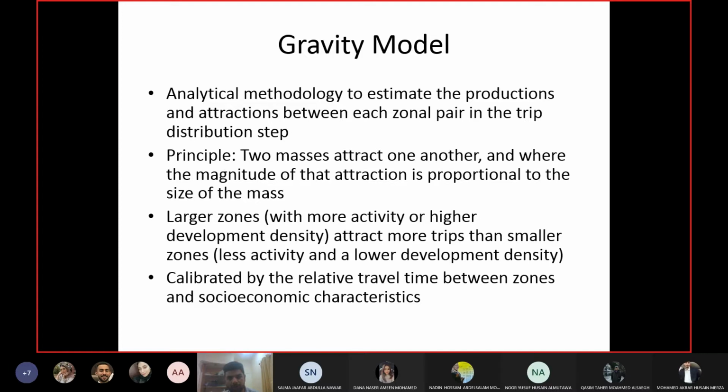All masses in space, like the sun and moon and Earth and other planets, have some gravitational force between them, and they are attracting one another, and the force of attraction is related to the size of the mass. This is the main principle, right?